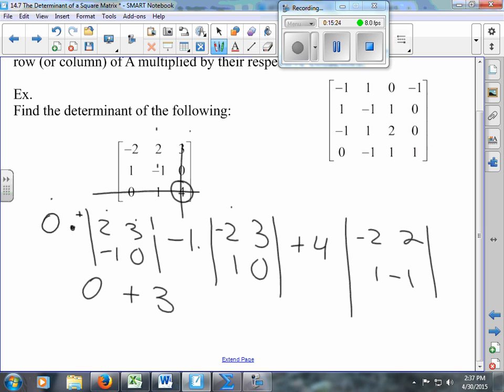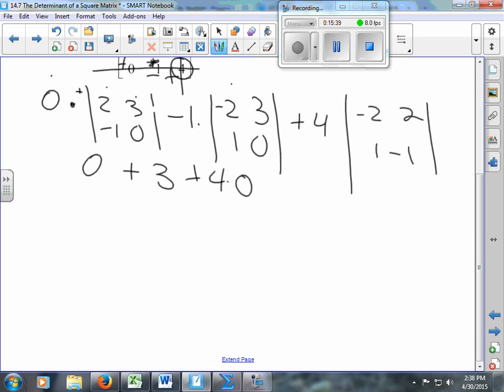And notice that this is in the plus spot on the checkerboard, so I will add it. I won't have to do a negative there. And so the determinant of this is 2 minus 2, oh, that's 0. So plus 4 times 0. And so the determinant of this 3 by 3 matrix is 3.